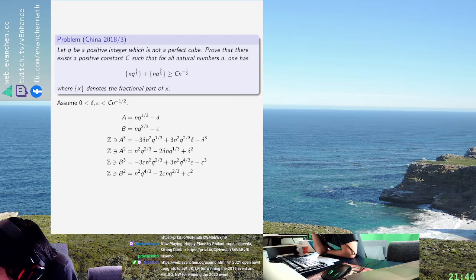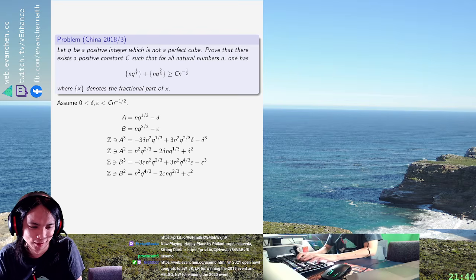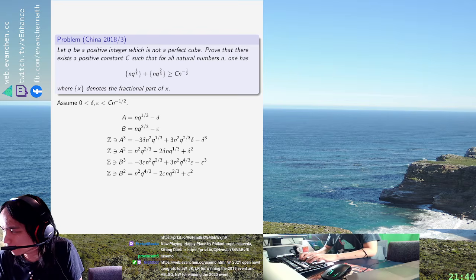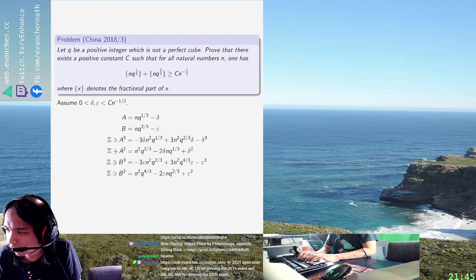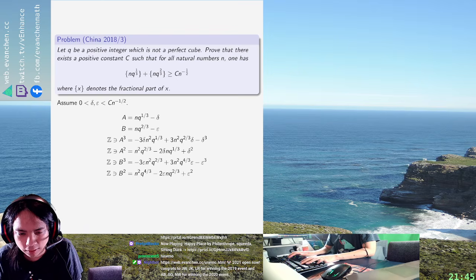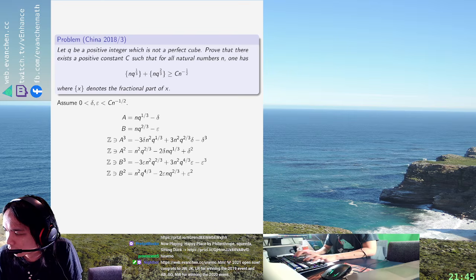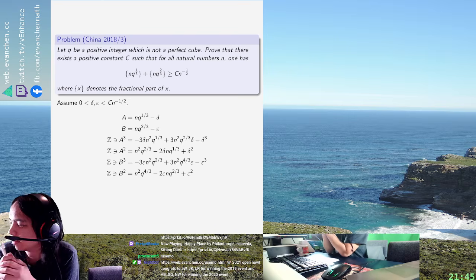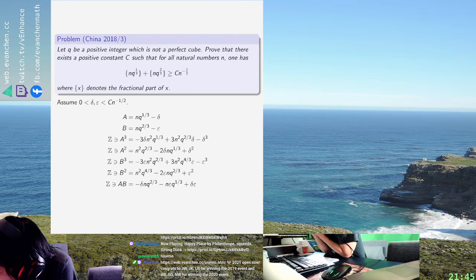Do I compute AB as well? This is getting more and more desperate. I'm just throwing random stuff at the wall and hoping it sticks. Delta epsilon is small, so that part's okay.